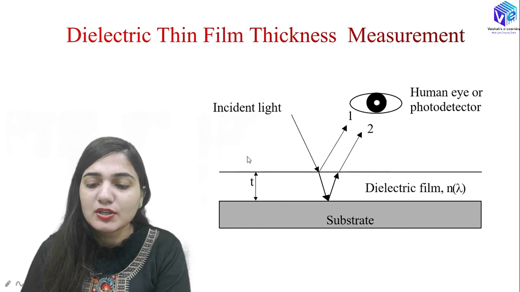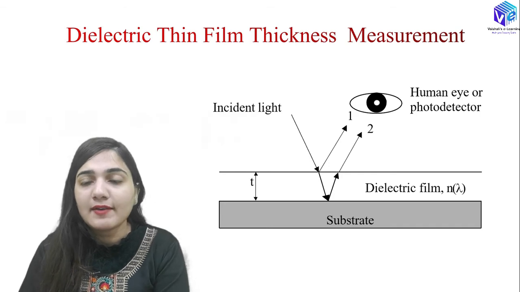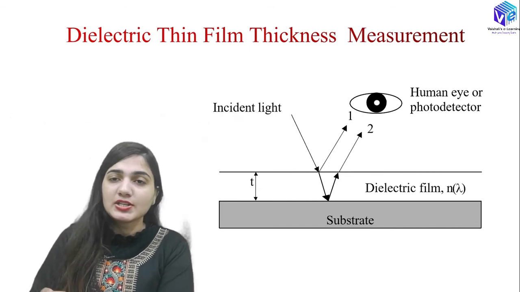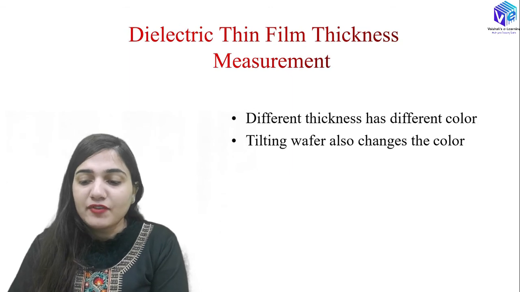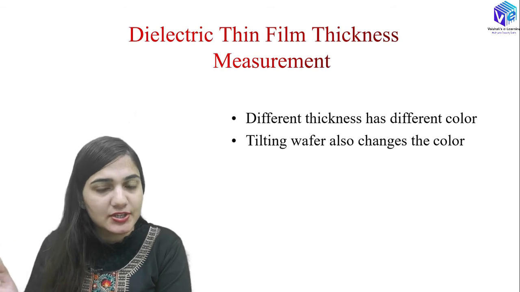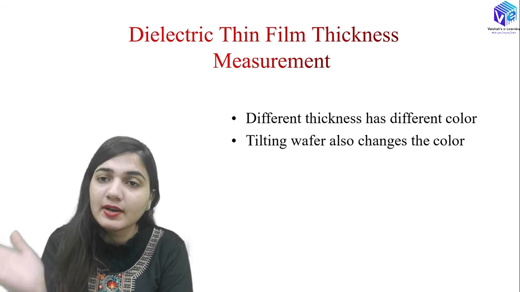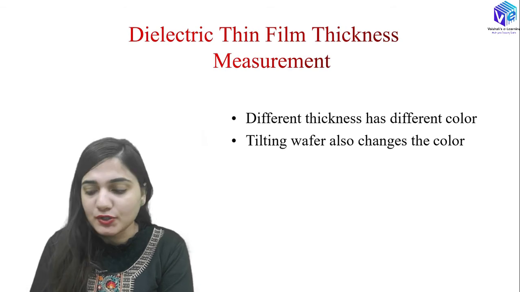If I increase or decrease the thickness, the phase gap is going to increase or decrease, which means the constructive or destructive interference happens at a different incidence angle, which means I am going to get a different color. So tilting the wafer also changes the color. Why? Because if I tilt the wafer, the phase gap is going to change. So I have to find the colors at a particular angle of the wafer only. I cannot tilt the wafer during the measurement process.